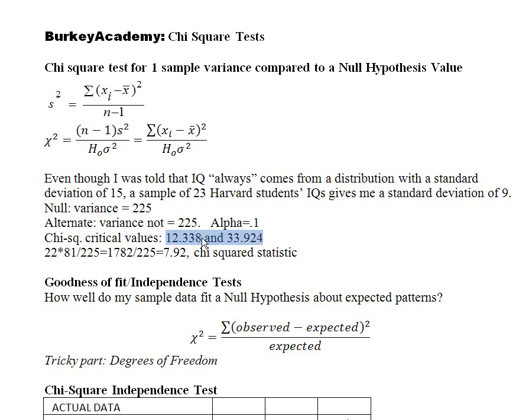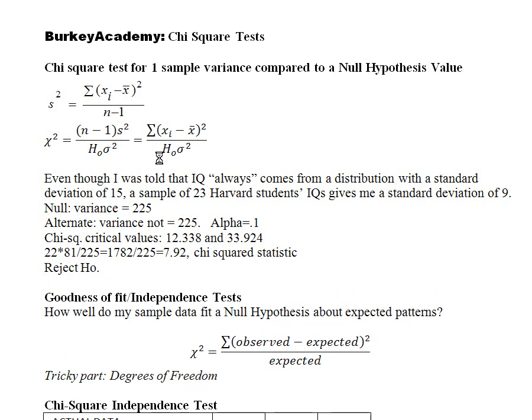And ours is not in that 90% interval, it's outside of it. And so this 7.92 is lower than this lower chi-square critical value, and so our decision would be to reject the null hypothesis.